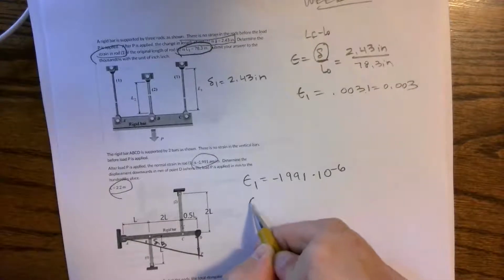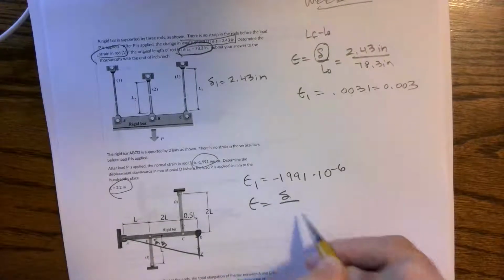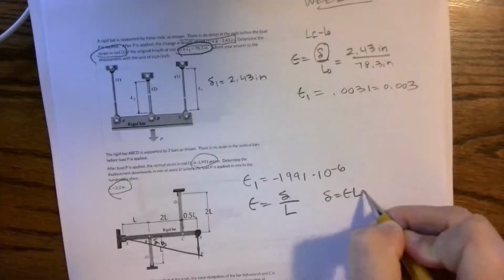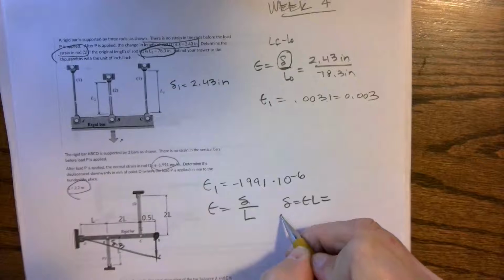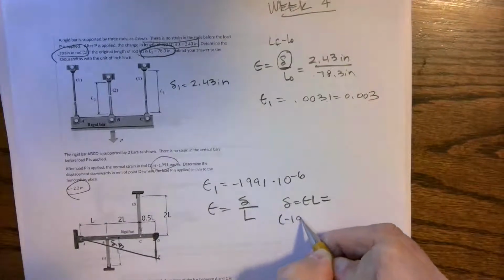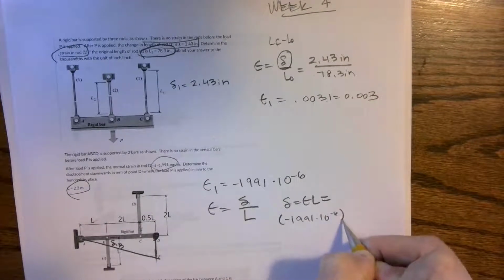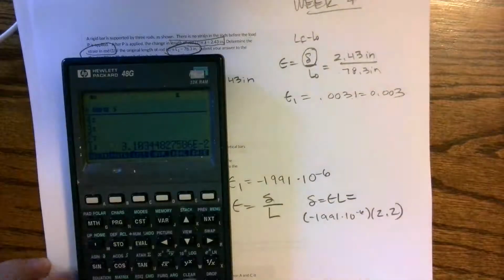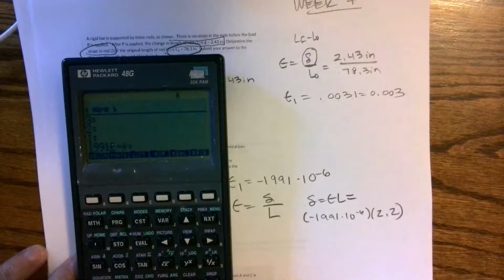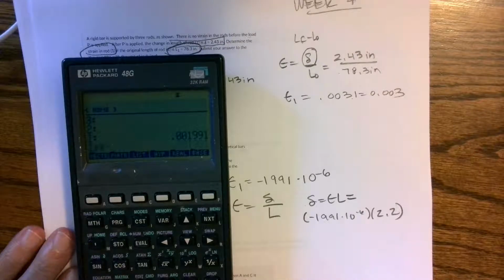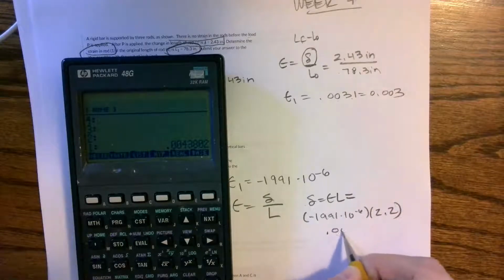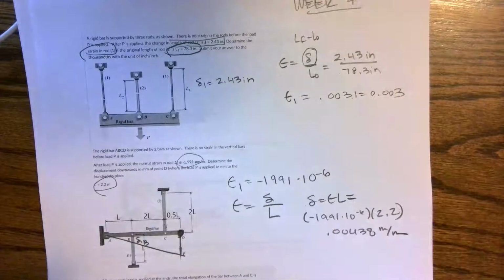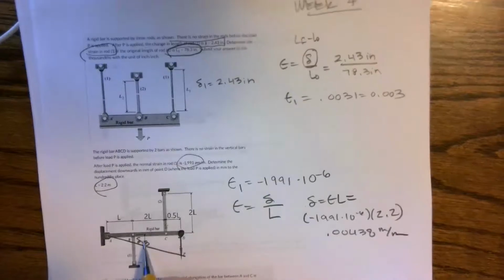So strain equals delta over L, so delta equals strain times L. I have my strain and I have my length, and I get 0.00438. Okay, so that's my delta at B.